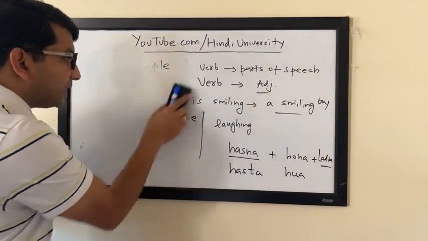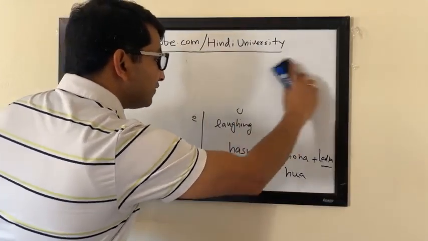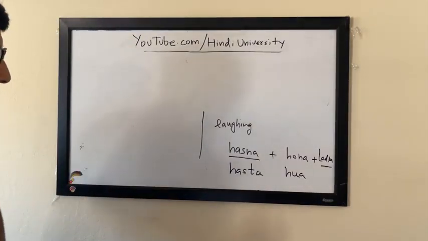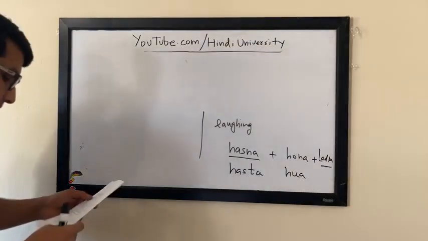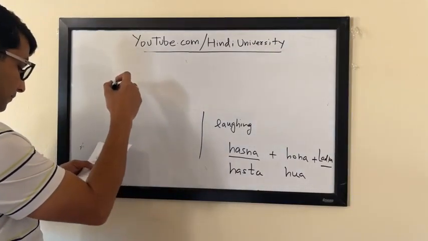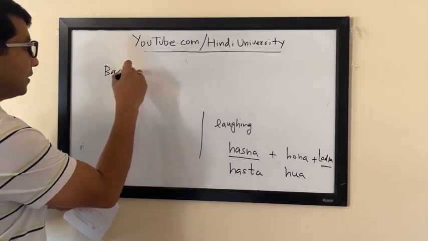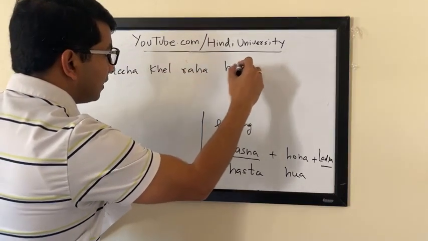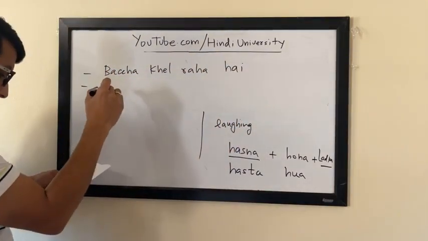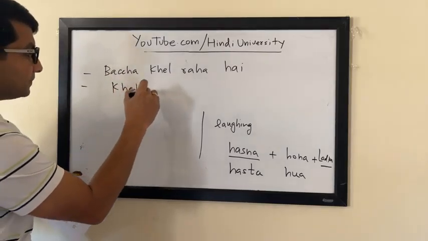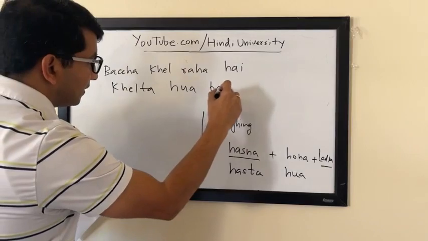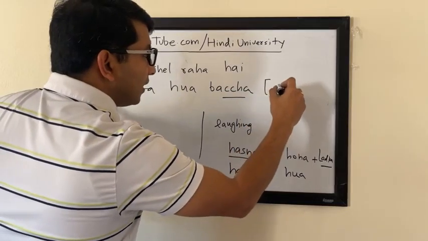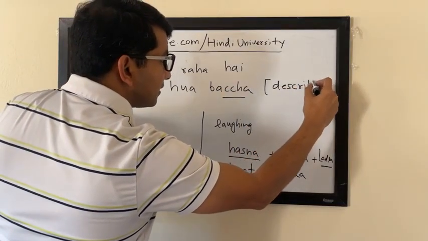From the beginner's perspective, we've not covered the adjective and adverb, but here is a little bit of background. When we say bachcha khel raha hai, a boy is playing, versus khelta hua bachcha, a boy that is playing, really here you are describing the boy.